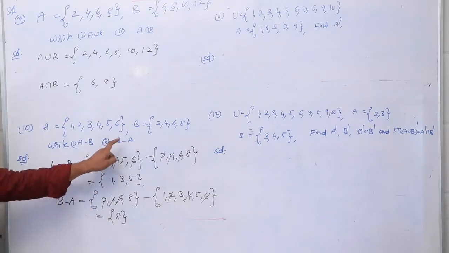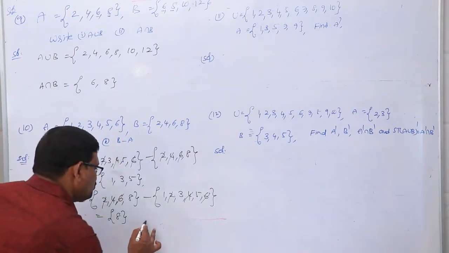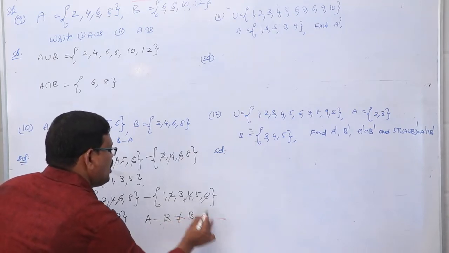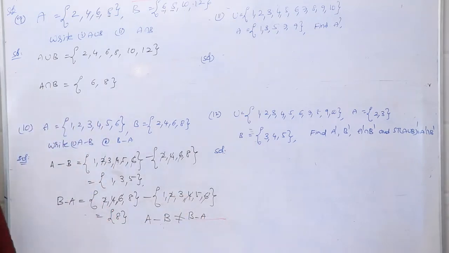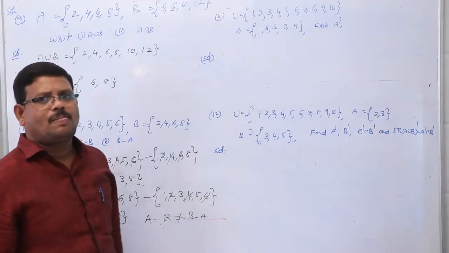And what do we learn from this concept? After finding A minus B and B minus A, we understood that A minus B is not equal to B minus A.